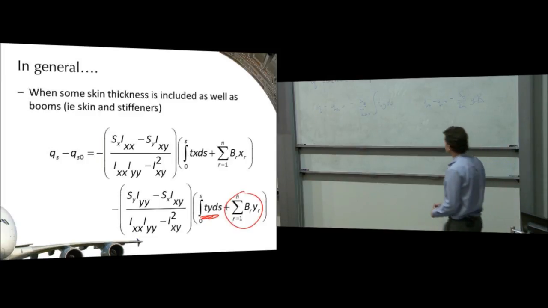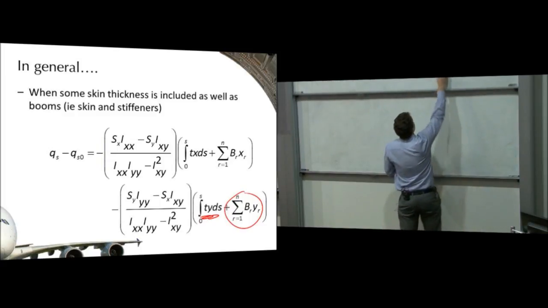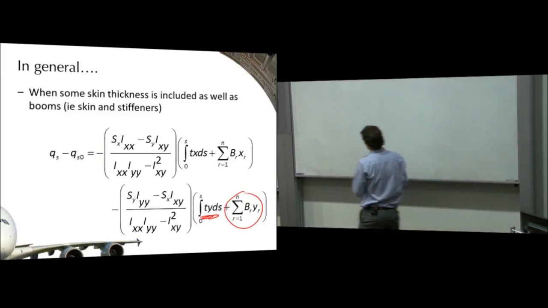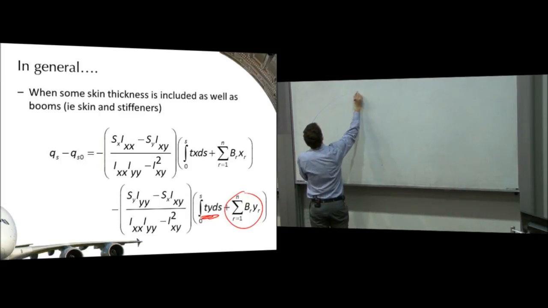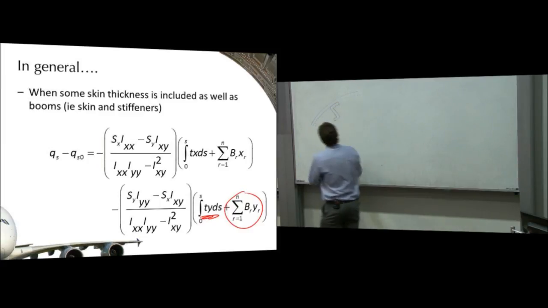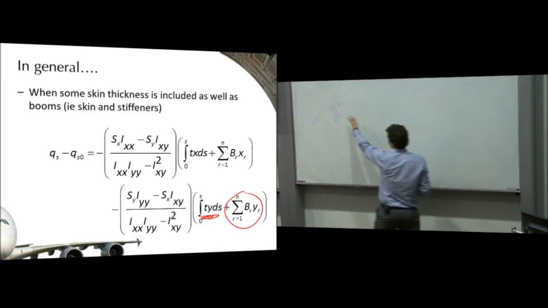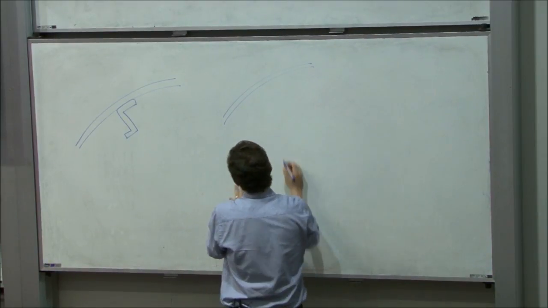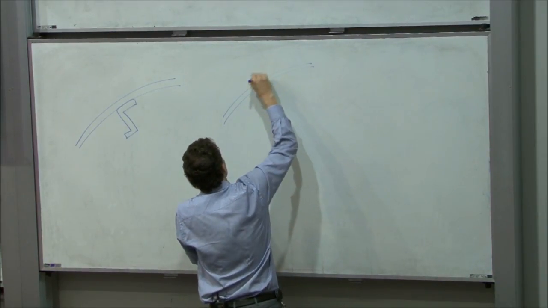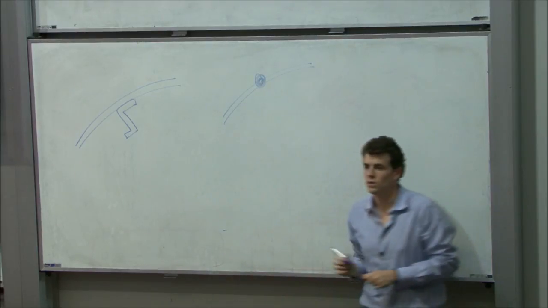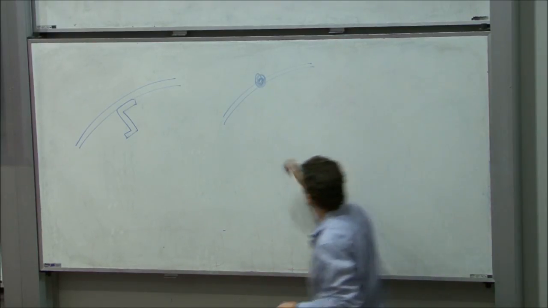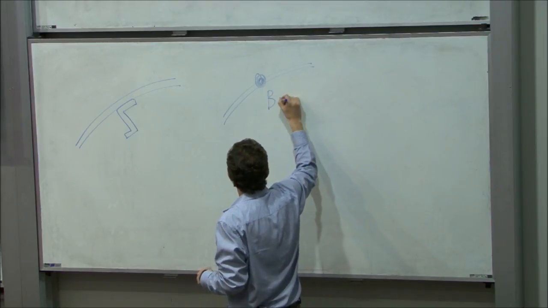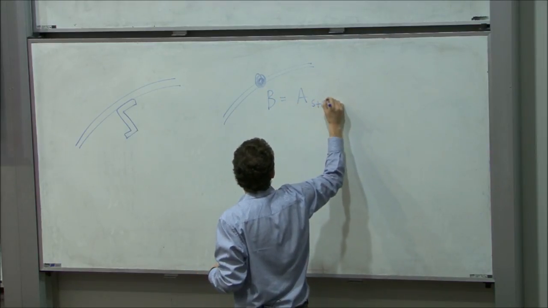So this would be in the case where you've got a stiffener like that, and instead of doing the full calculation for the stiffener, you leave the skin thickness in place and do the full skin calculation, but you put a boom in to represent the stiffener, where B equals the A stiffener.